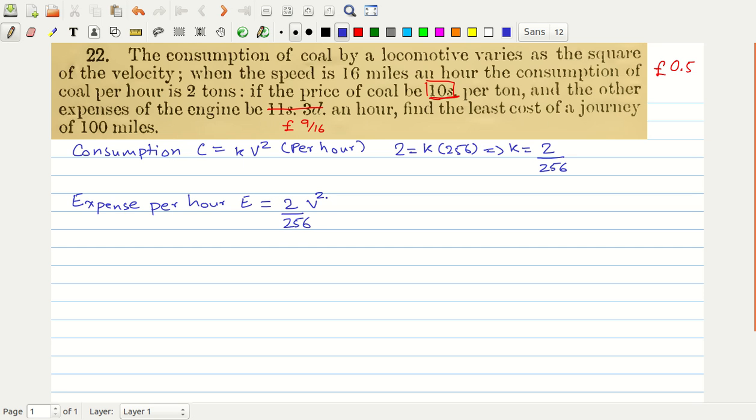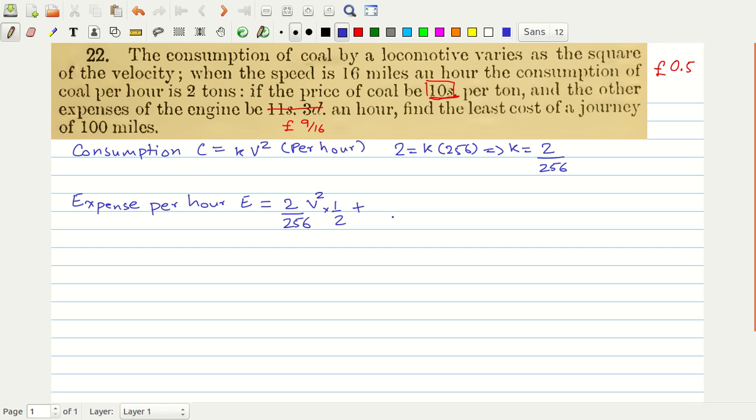So this is the amount of the coal times the price of the coal per ton, which is 0.5, or you can write it as half. Plus what are the other expenses per hour? It is simply 9 by 16.